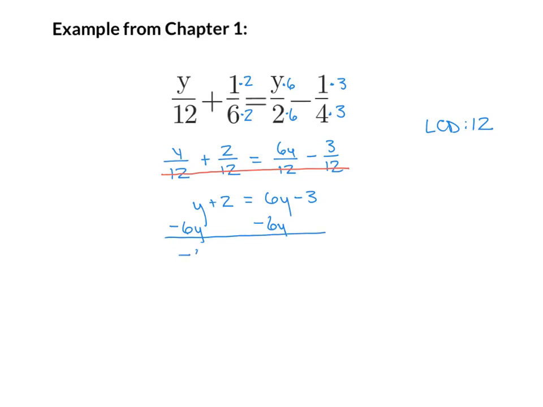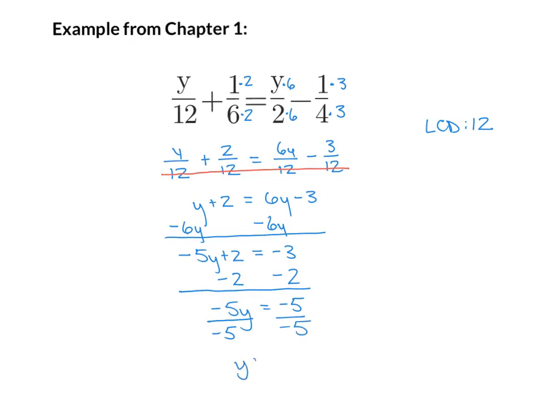We get negative 5y plus 2 equals negative 3. And I'm going to subtract 2 from both sides to get my constants on the other. We end up with negative 5y equals negative 5. I can divide by negative 5, and my final answer is y equals 1.